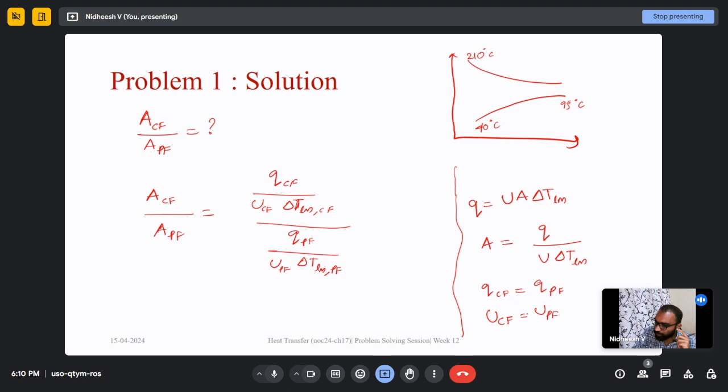When these two heat exchangers operate under the same conditions, this is what that means. So Q and U get cancelled from numerator and denominator, and this simply turns out to be a ratio of the log mean temperature difference of the parallel flow heat exchanger divided by the log mean temperature difference of the counterflow heat exchanger. Okay. Is that clear?